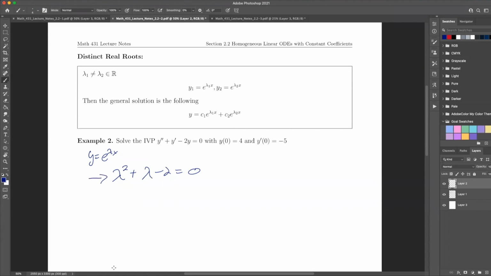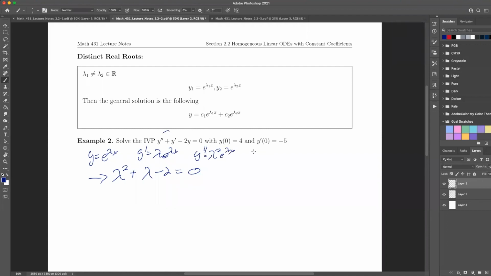Any questions on how I got to this? If so, just say sure, and I'll redo it. Sure. Okay, so there's some questions. So here, if I plug this in, y prime is equal to lambda e to the lambda x, and y double prime is equal to lambda squared e to the lambda x.